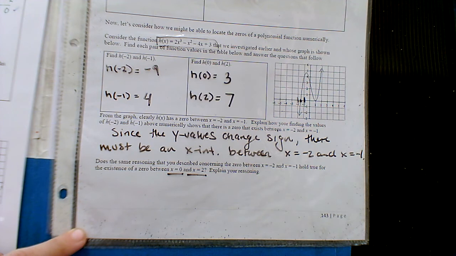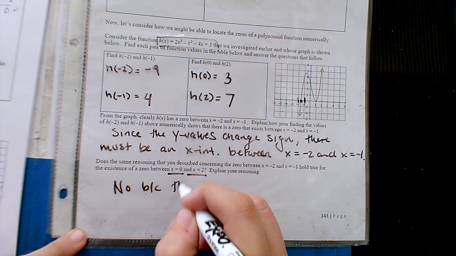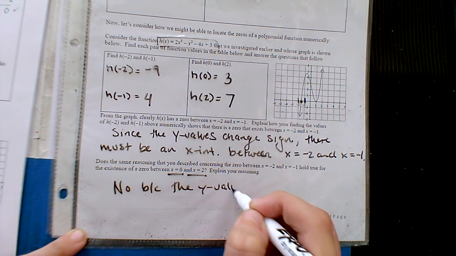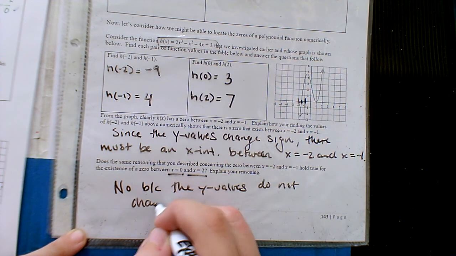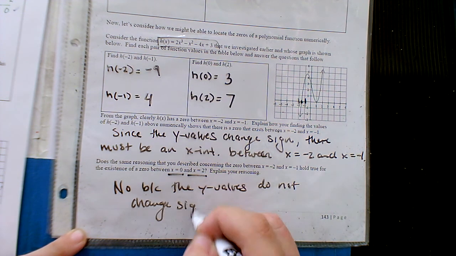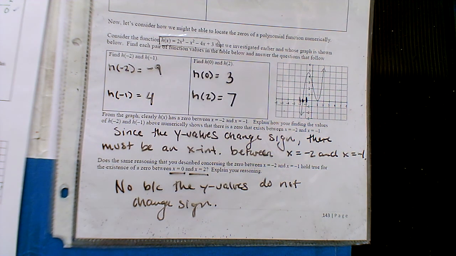No. Why not? Those are both positive. No, because the y values do not change sign. So what's that telling us? If the y values do not change sign, then there's no x-intercept between h of 0 and h of 2.